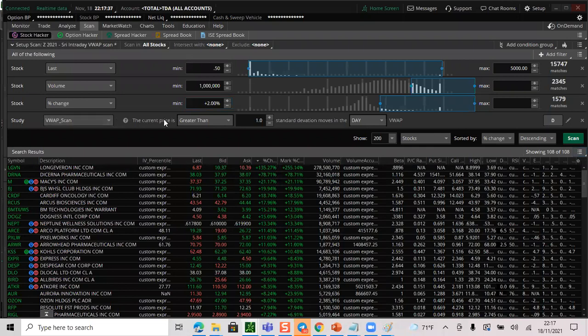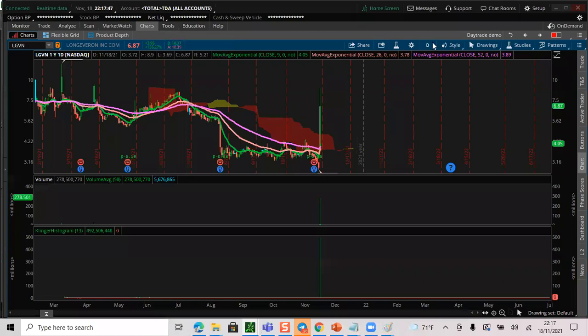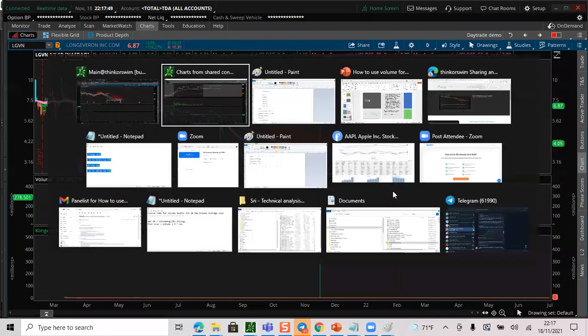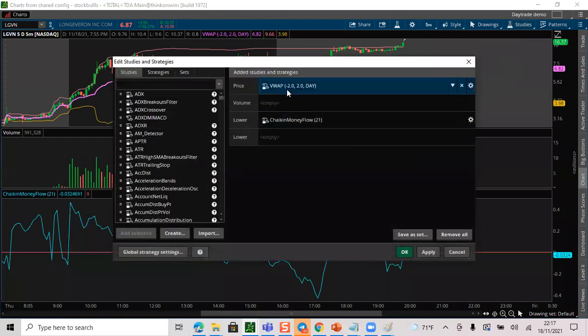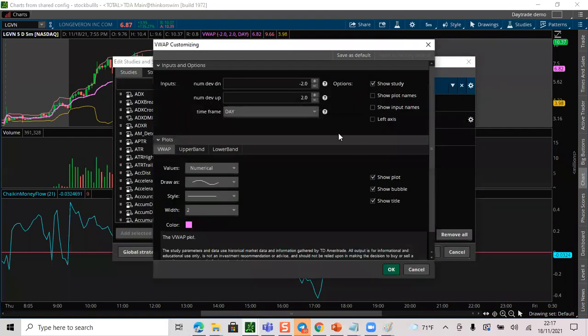So VWAP, the current price is greater than one standard deviation move in a day VWAP, which means that, see this VWAP, it is just made up of two lines. You see the number of deviations down and up. It is nothing but the standard deviation.